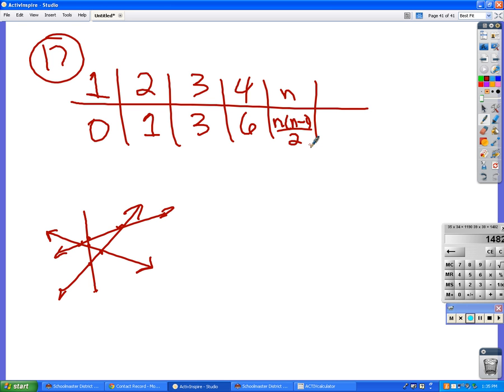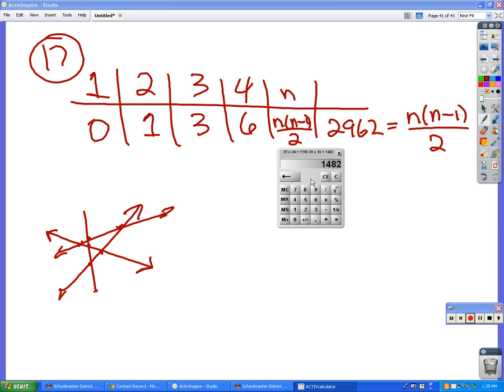It says there were a total of 2,962 crossings. So just like in the last problem, I need to set that equal to n times n minus 1 divided by 2. First step is to what? Multiply by 2. So 2,962 times 2 equals. So I need two numbers that need to multiply together to be 5924.